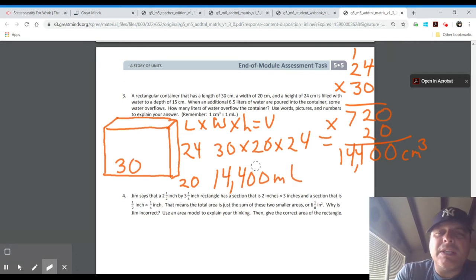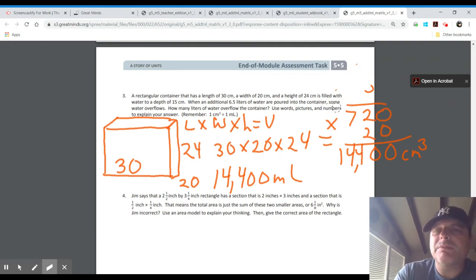Okay, let me erase that part. Now it says we're going to fill this container up to only 15 centimeters, so we need to change the 24. I'm running out of room, so I'm going to erase this up here.